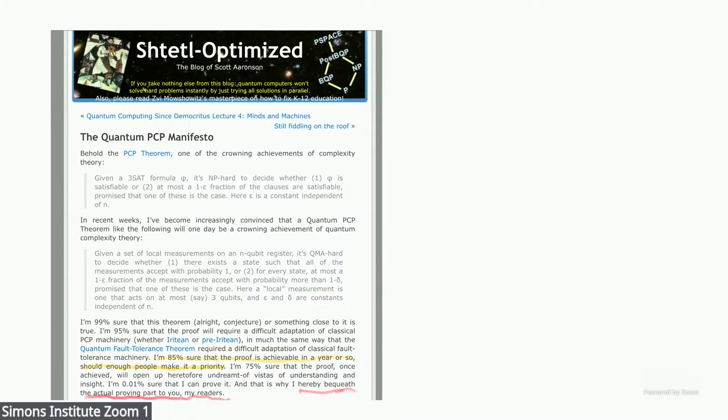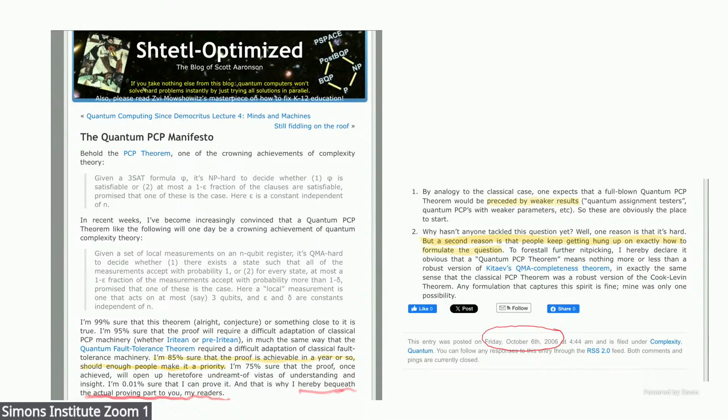Then you scroll down and look at when he said this, and it's from October 2006. So this was not solved in a year. He has some interesting remarks that I think are still relevant today. One of them is that by analogy with the classical case, we'd expect that a full-blown quantum PCP theorem would be preceded by weaker results, like quantum assignment testers, et cetera.